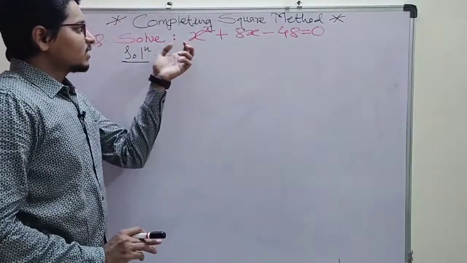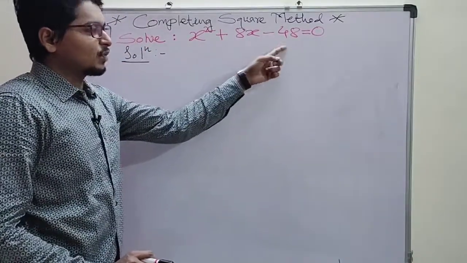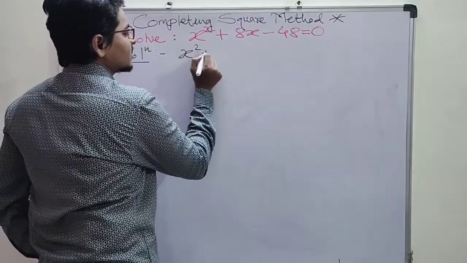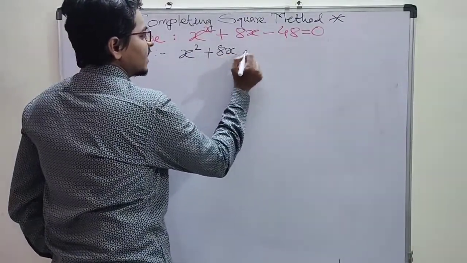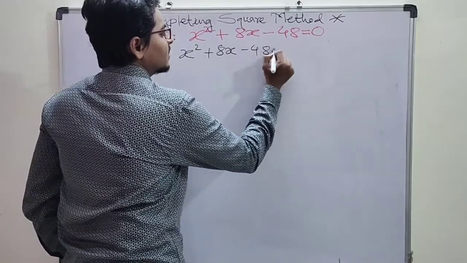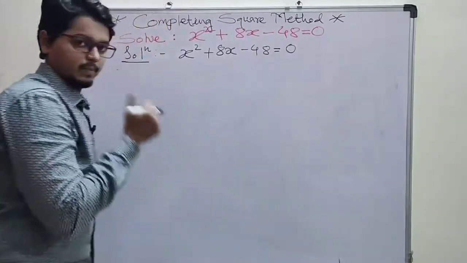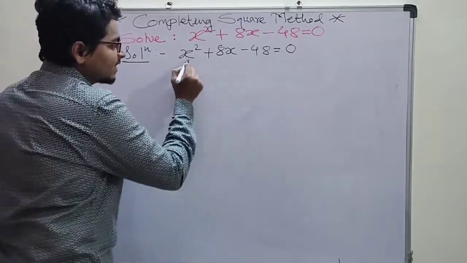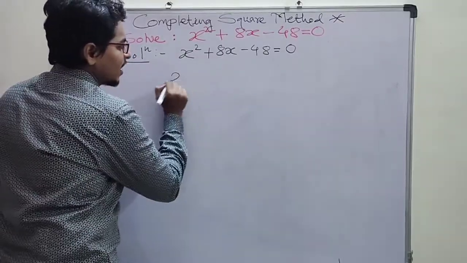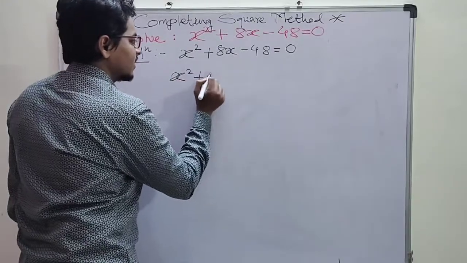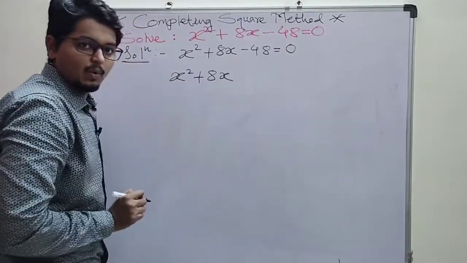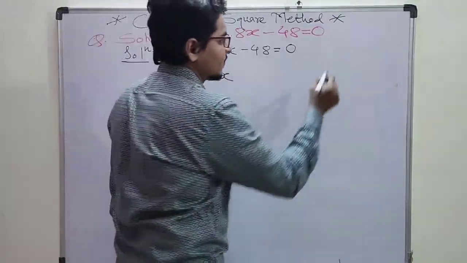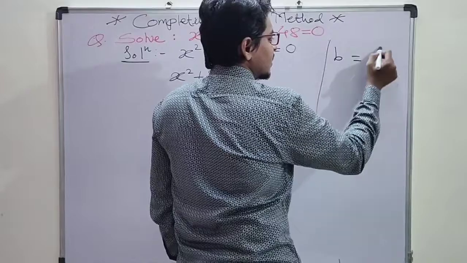First example is: solve x square plus 8x minus 48 is equal to 0. First of all, we write the given quadratic equation as it is: x square plus 8x minus 48 is equal to 0. Then in the next step also, we write these two terms as they are, x square plus 8x. Now what to do? Here the value of b is 8.